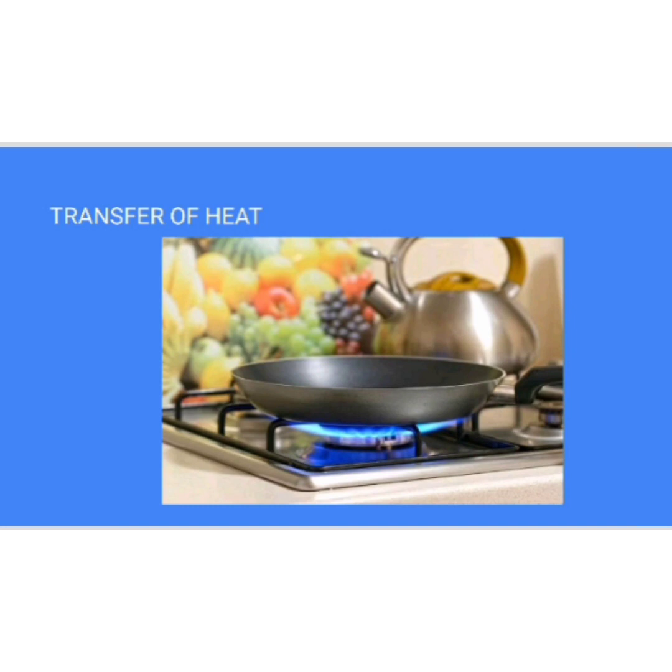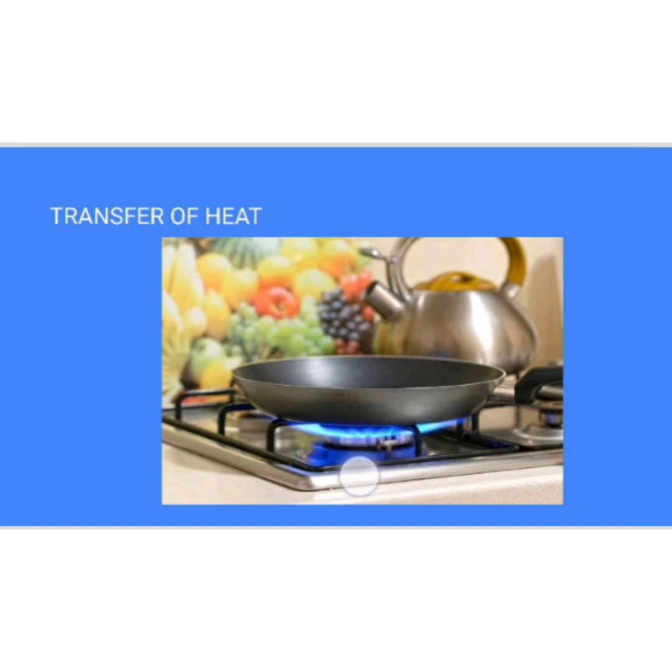So, you can understand that in both cases, heat flows from a hotter object to a colder object. When we keep the pan on the flame, the heat is transferred from the flame to the pan.